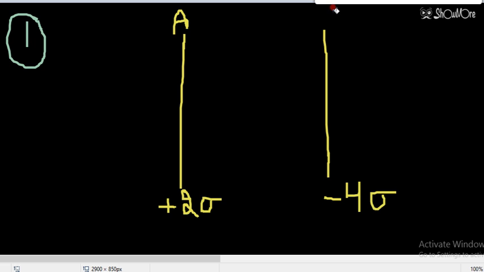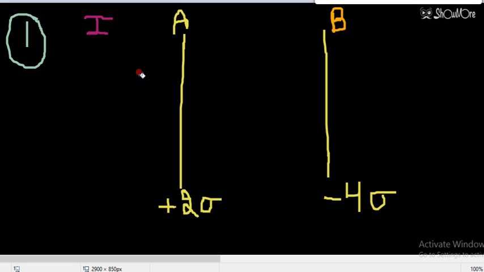So now students, we have to find the magnitude and direction. So firstly, in region number 1, the direction of electric field due to plate A will be along this direction.